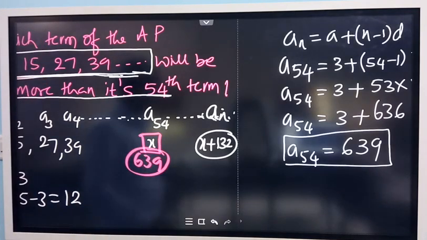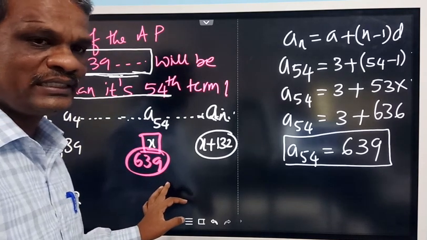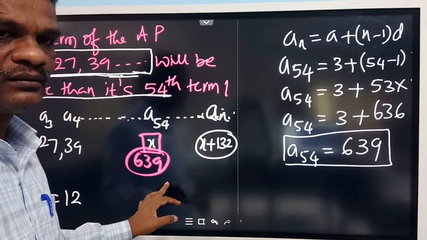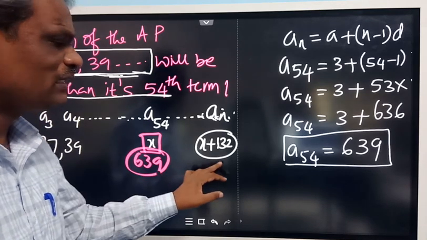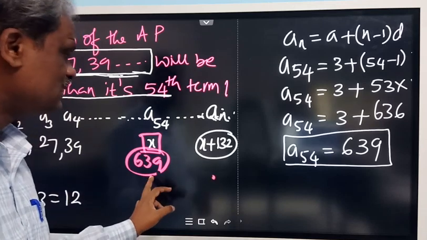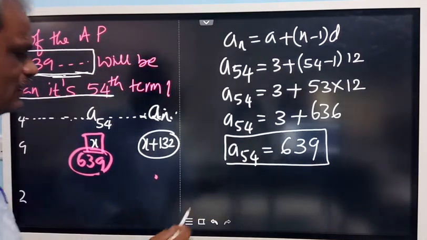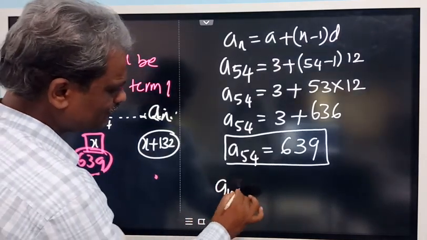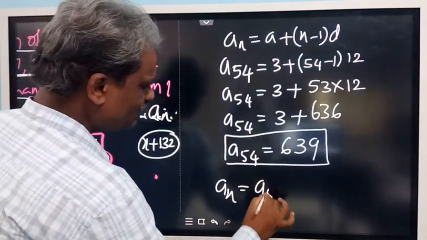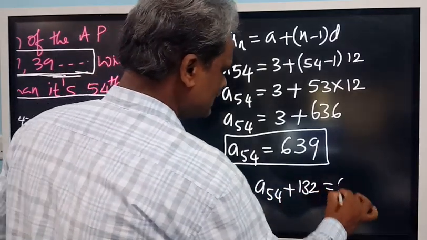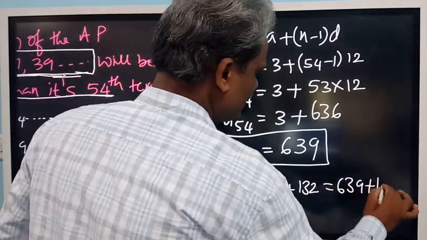Now you tell me what we have to do after finding that X value. You add 132 to this term, and that will be the nth term. So the last term An is equal to A54 plus 132, which means 639 plus 132.